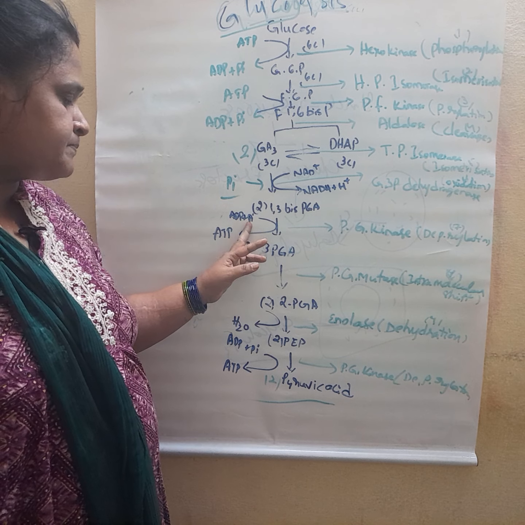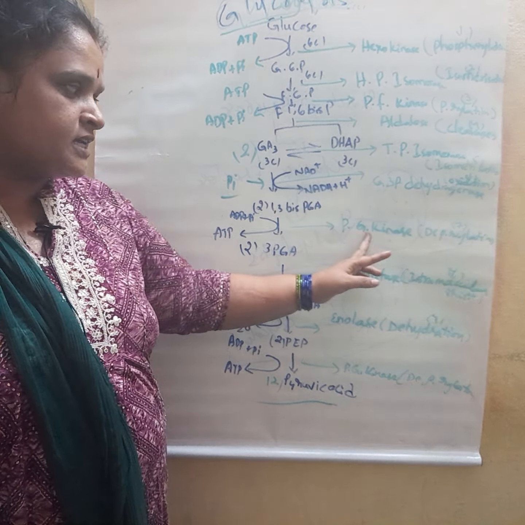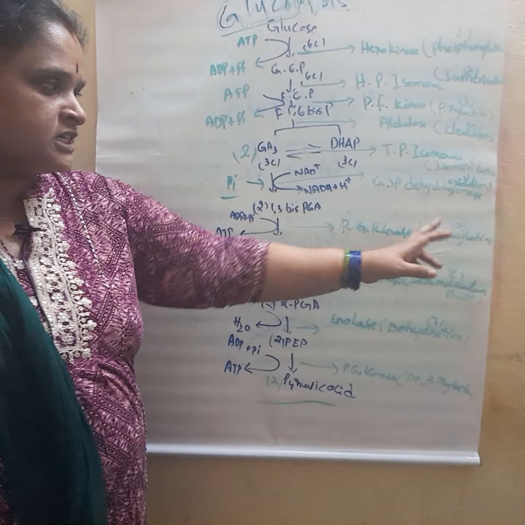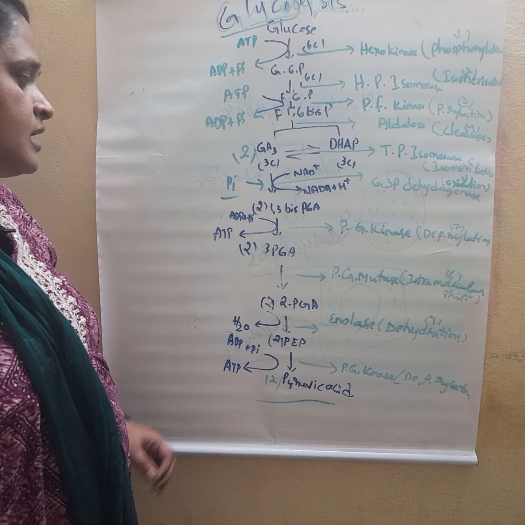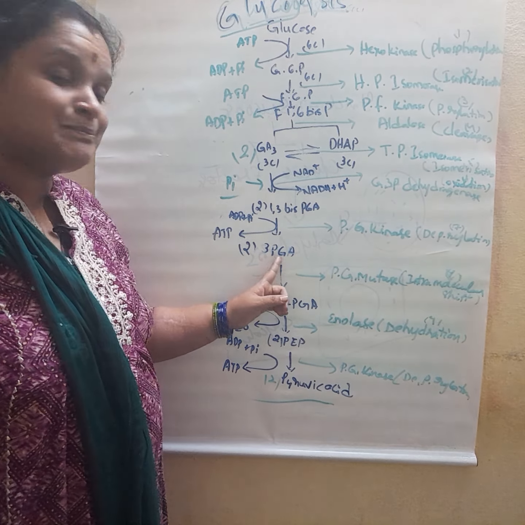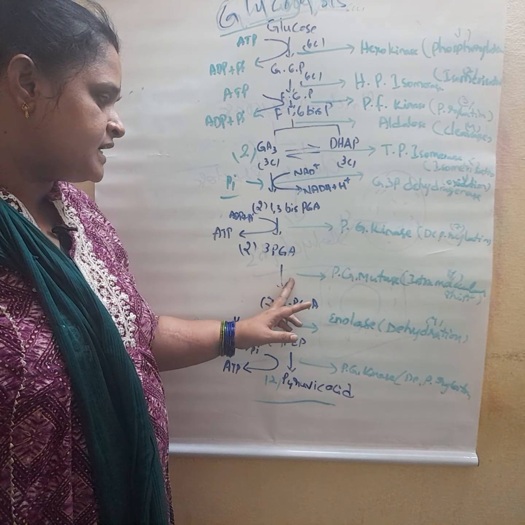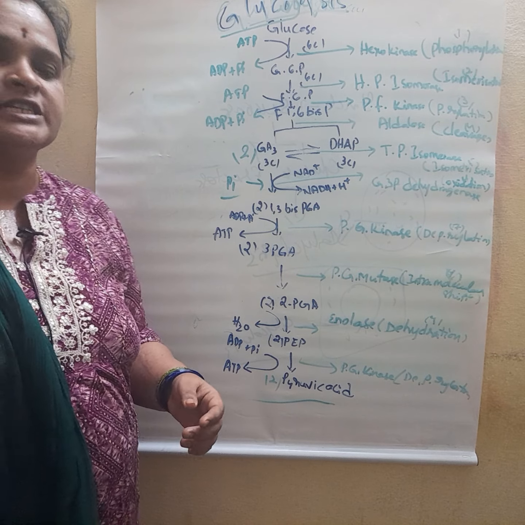That Pi is accepted by ADP, converting it into ATP in the presence of an enzyme called phosphoglycerokinase, and here the phosphate is removed. That's why it is called dephosphorylation. And next, this 3 PGA is formed. Now this 3 PGA gets converted into 2 PGA. That means an intramolecular shift takes place.